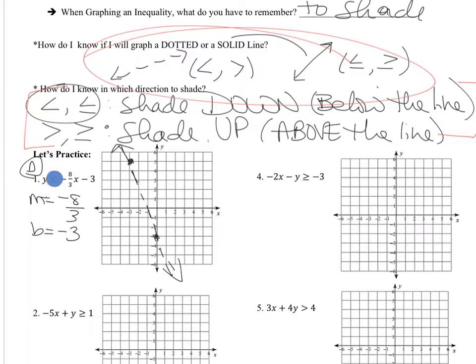My inequality symbol was a less than symbol. When it's less than, does that mean you shade down or shade up? It means you shade down. So I'm going to pick a point anywhere on my dotted line and draw a down arrow. Notice my down arrow is on this side of my line that's been cut, which means I shade on this side of my line.